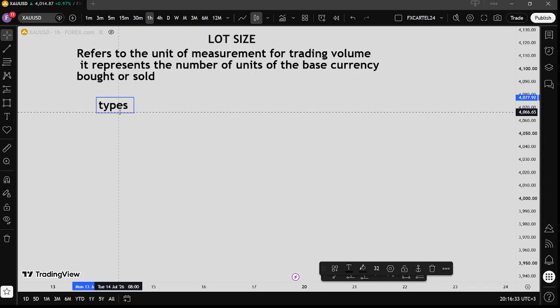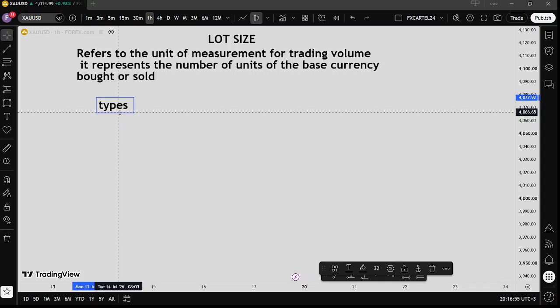So for example, you have 10 kilograms of rice. That 10 kilograms is the volume, the heaviness of a currency pair. I'm just giving a narrative for you to understand.